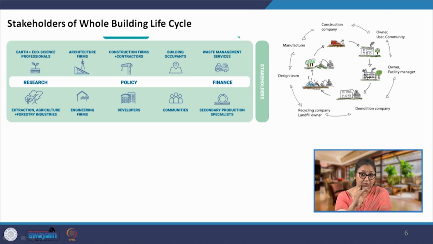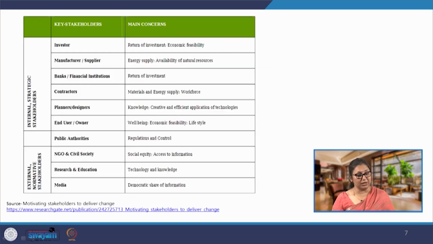We will come to that, because the scope 1, 2 and 3 will vary depending upon the goal of the company or the activity goals of the companies, which is what we have understood so far. Then we have building occupants and the communities as users of these buildings. We have waste management services, and we also have the secondary production specialists, where we are looking at the recycling, upcycling and the reuse of these materials. So, these are different stakeholders in this building life cycle whom we are looking at.